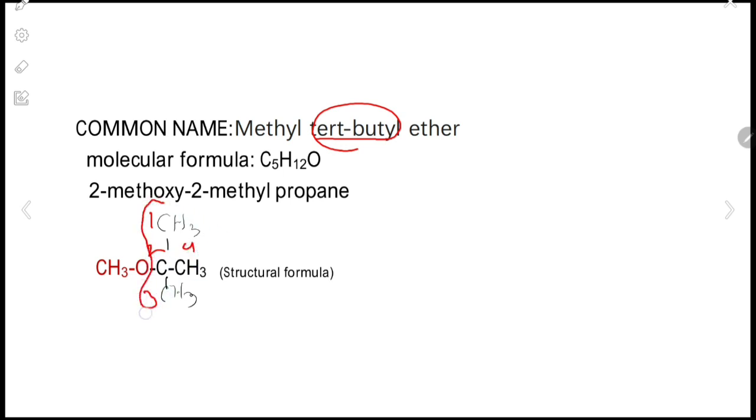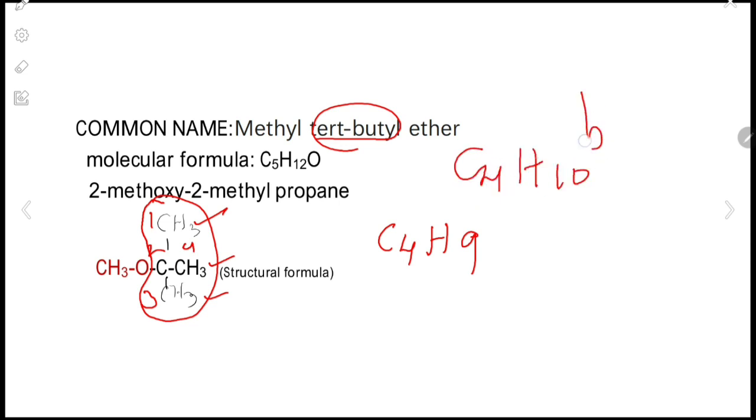So it is 4 carbon atoms. And how many hydrogen atoms? 3, 3, 3. So in all it is 9 hydrogen atoms. Butane is C4H10, and this becomes butyl. There are 4 carbons, so it is tertiary butyl over here.